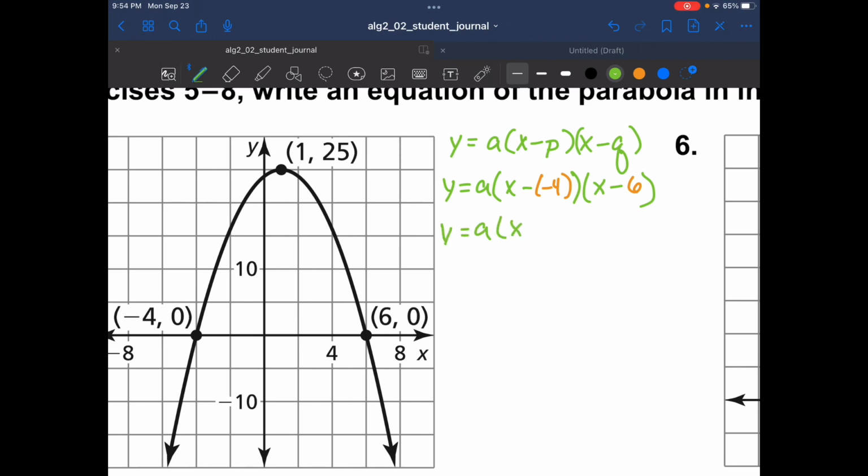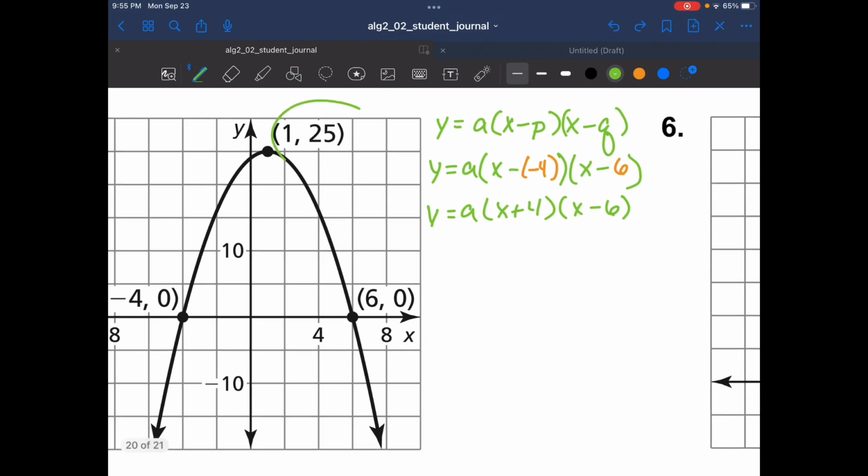And that's going to be y equals a(x + 4)(x - 6). That comes from here and here. Then I'm going to plug in my extra point here. So that's going to give us 25 equals a times (1 + 4)(1 - 6), because I have 2 x's there.